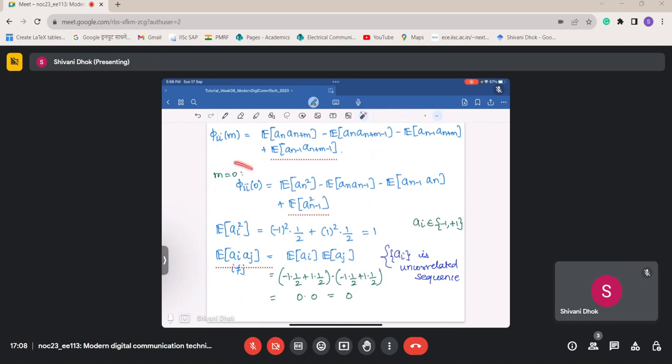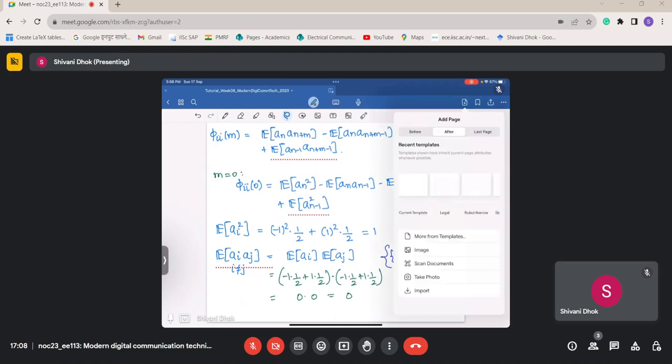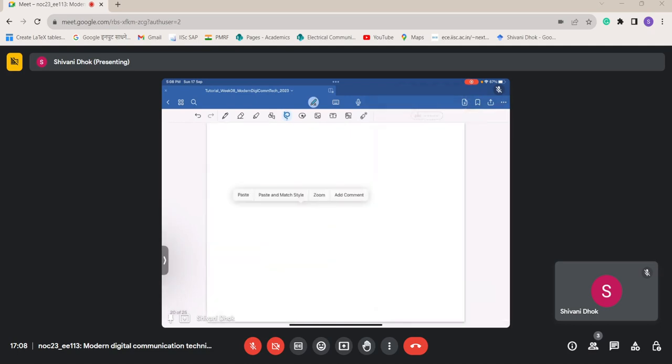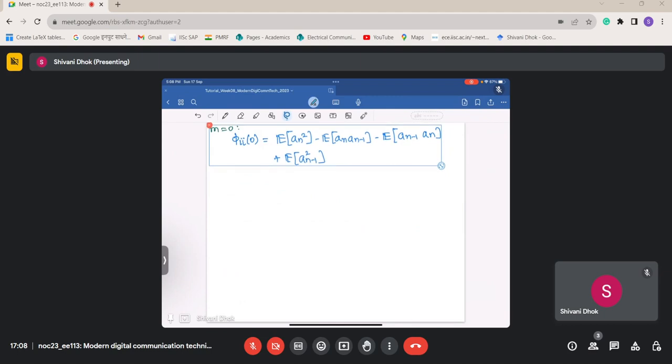If we have that case, then if we look at this term here, let me just take this and copy it to the next page. So this phi_I of 0 is something like this. If you observe carefully, this term here and this term here will be equal to 1.